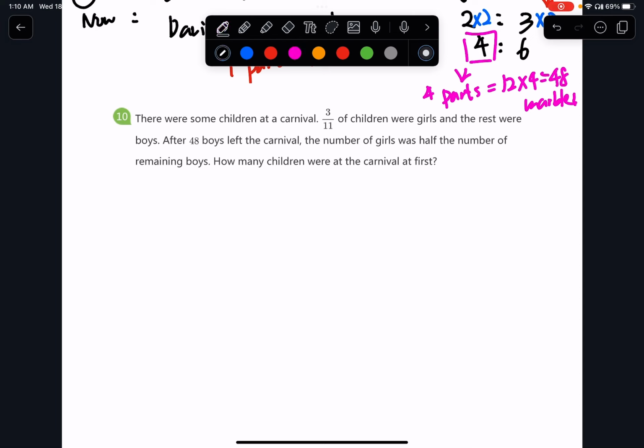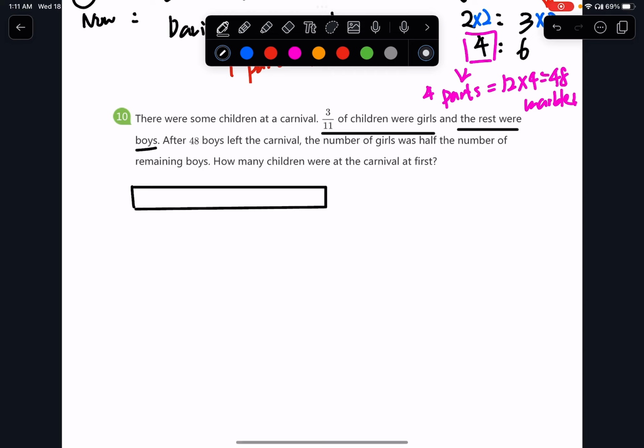Actually, there are two ratios again in this question. So 3/11 of the children were girls and the rest were boys. So which means that out of 11 parts, okay, let me just draw it first. Out of 11 parts, 3 parts were girls, right? 3 parts were girls.